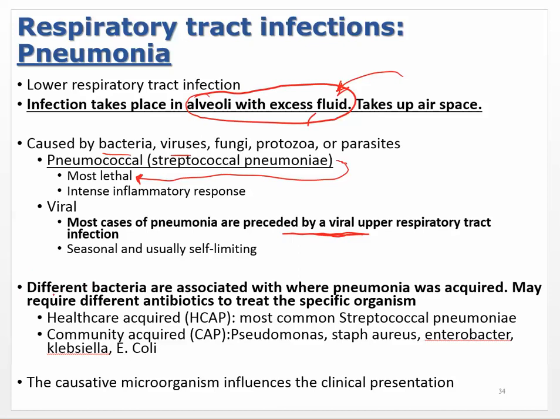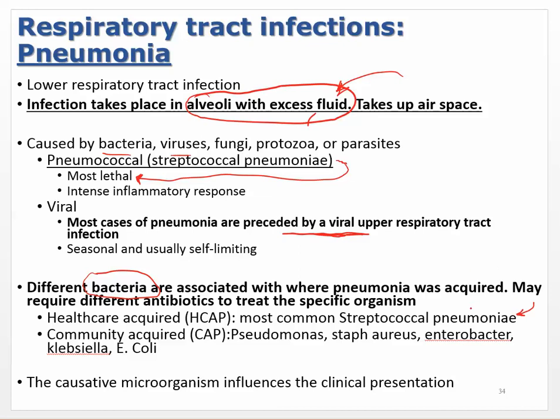All right, so different bacteria. It's kind of important to know the type of bacteria because then you can know the type of treatment. Different bacteria are associated with where the pneumonia was acquired, and this is probably one you should remember: healthcare acquired or hospital acquired is most commonly streptococcal pneumonia, also the one we were calling pneumococcal. Okay, so that's normally what's going to happen when you acquire this in the hospital. That's the strain that you're going to see more often.